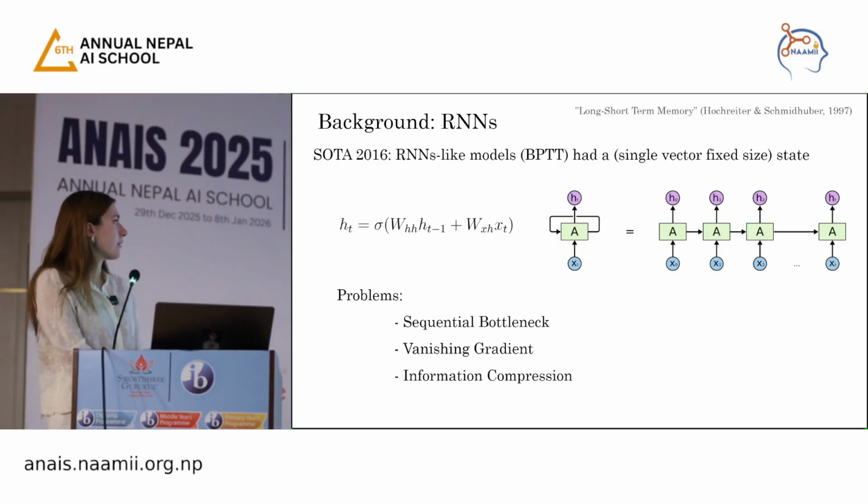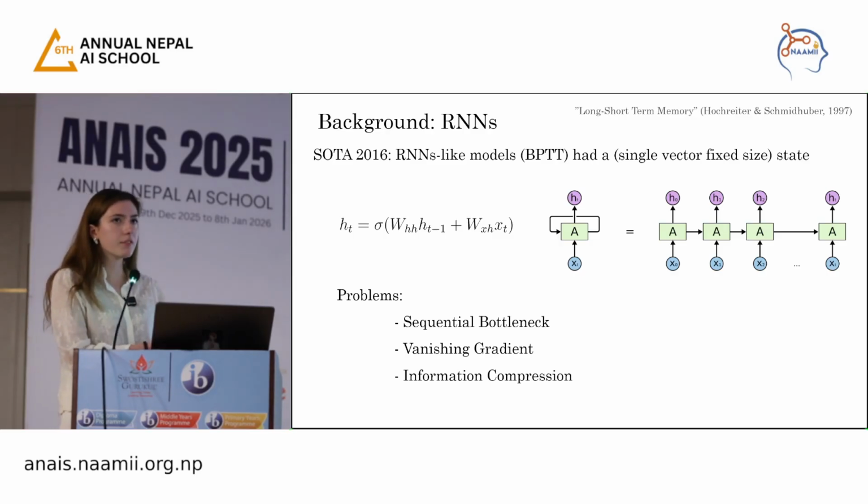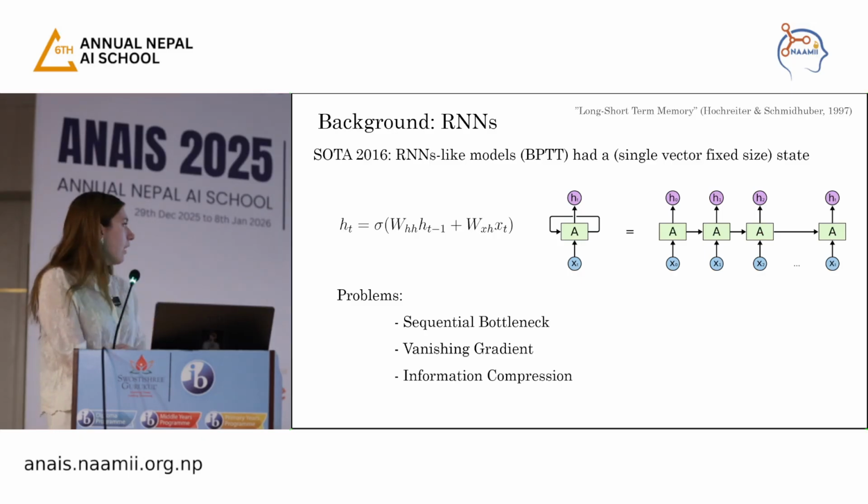Now, RNNs suffer from 3 main problems. One is the sequential bottleneck. So the prediction and decoding of the RNN goes sequentially. And because of that, if we want to encode a later input, we have to first encode or even decode all the previous input. Another problem is the vanishing gradient. Because of this sequentiality, if the norm of the Jacobian is less than 1, for example, then this leads the gradient to go to 0, or another thing that can happen is the gradient will explode.